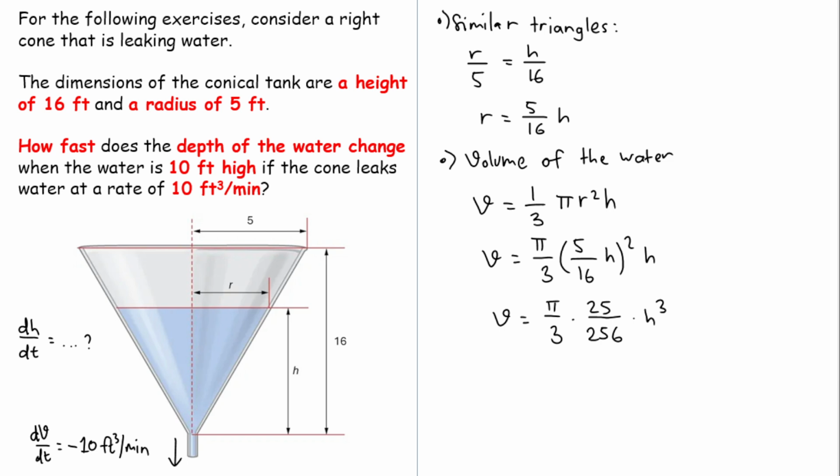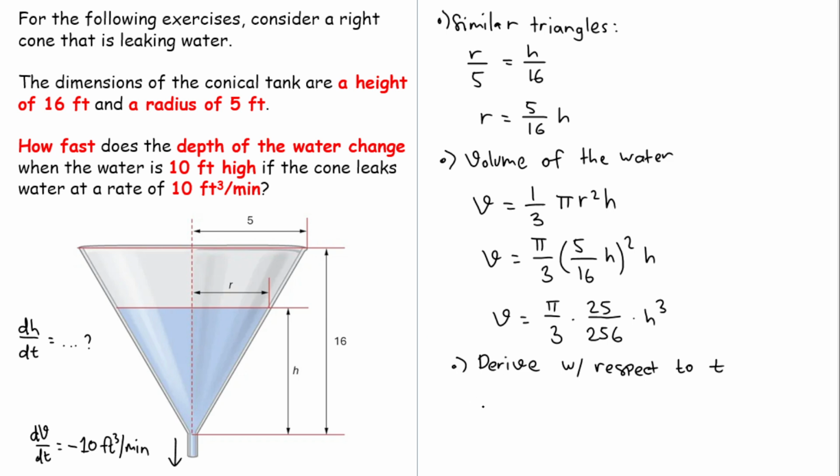Okay, that is good. And then what else can we do? We can differentiate both sides with respect to t, right? So let's do that. Differentiate with respect to t.